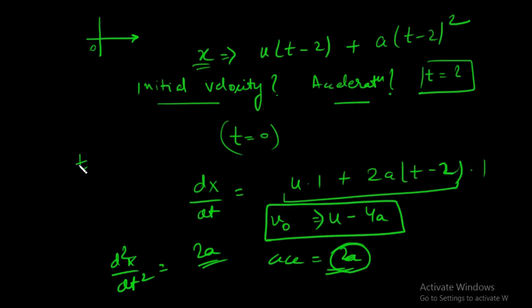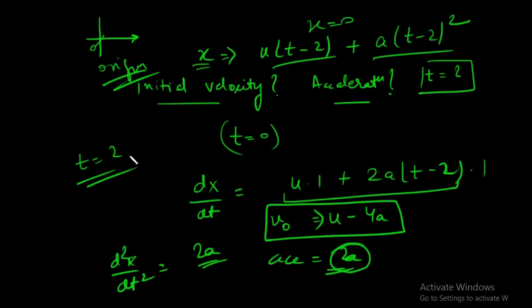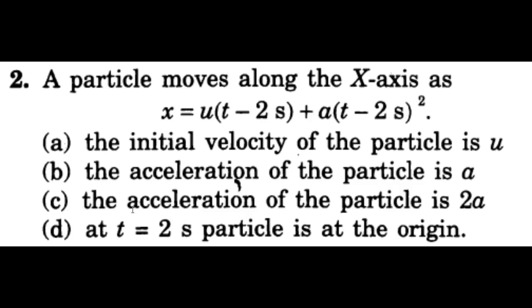Okay, and at t equal to 2, if we put t equal to 2 here, the x reduces to 0. So this means at t equal to 2, the particle is at origin. Okay, so at t equal to 2, particle is at origin and acceleration is 2a. So the answer to this question is C, because in the option C, the acceleration of particle is 2a, and D also, because at t equal to 2, particle is at the origin.